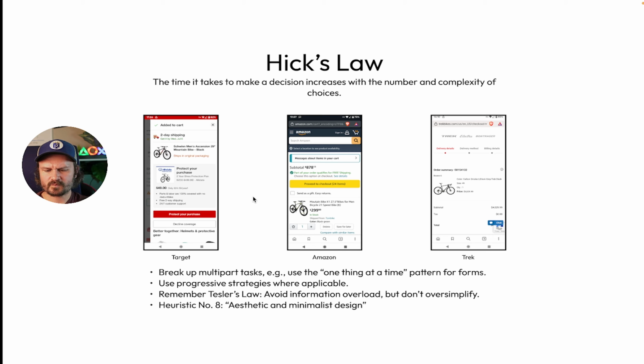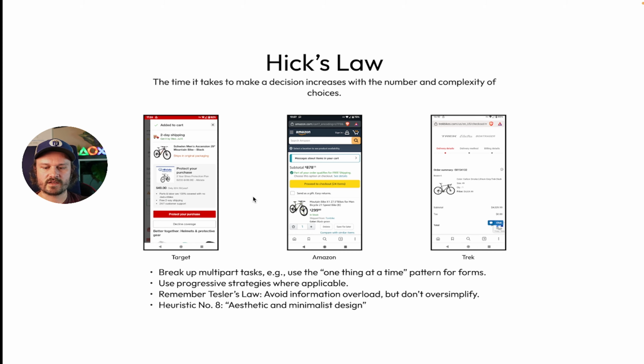What that might look like, for an onboarding process, would be only asking for a limited amount of information. Let's say you need answers to 5 questions in order to complete the onboarding process. Well, instead of asking those 5 questions on the first screen, you break that up into 5 screens.